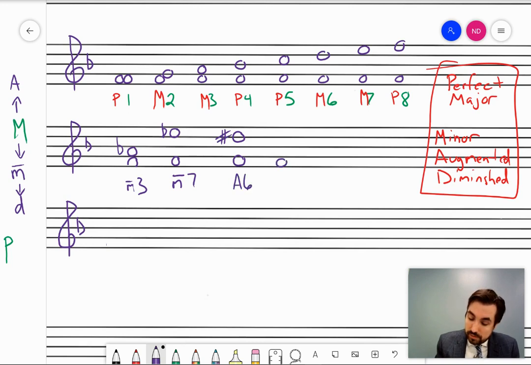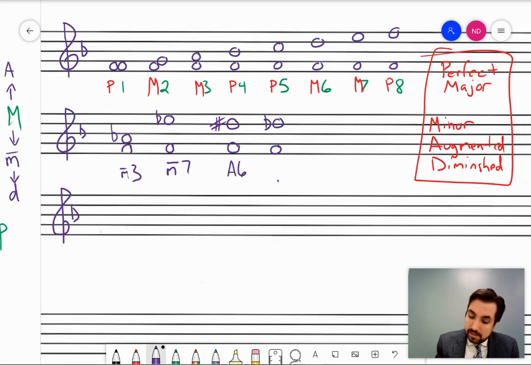If I were to lower that half note of the major interval, I'd get a D flat up here. Now I'd get a minor sixth. If I were to lower that again by another half step, the minor interval lowered again, I would get F to D double flat, and that is called a diminished sixth.